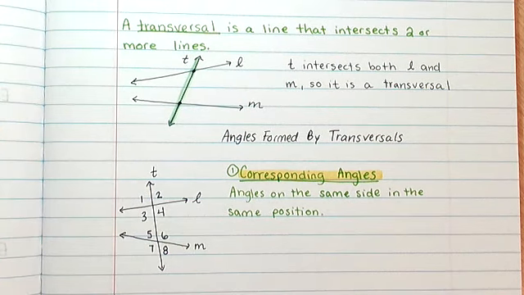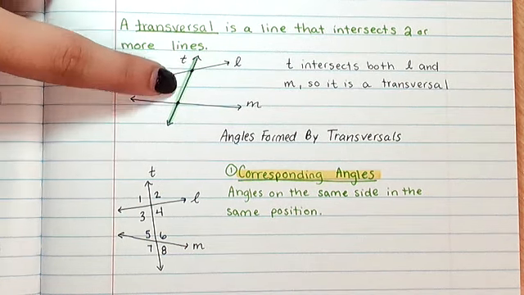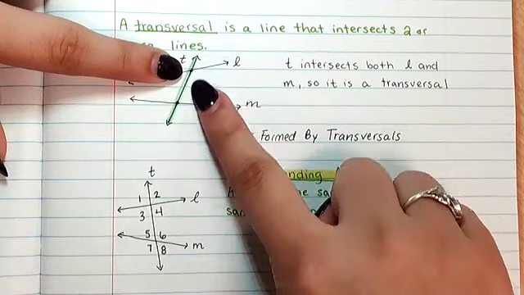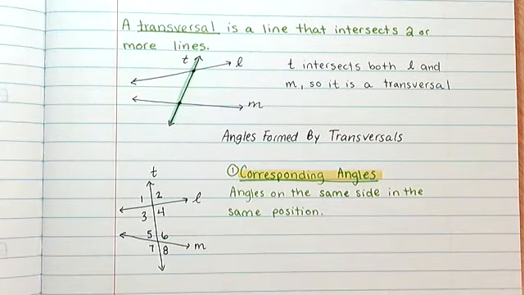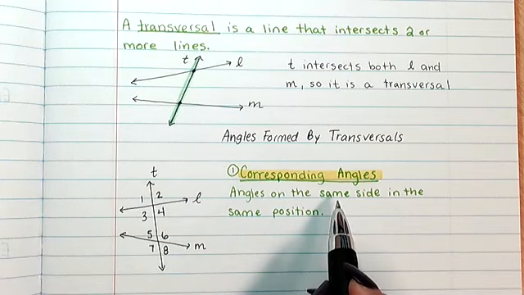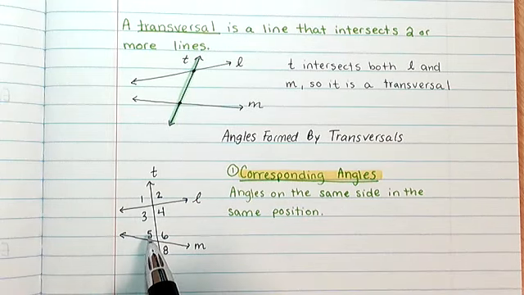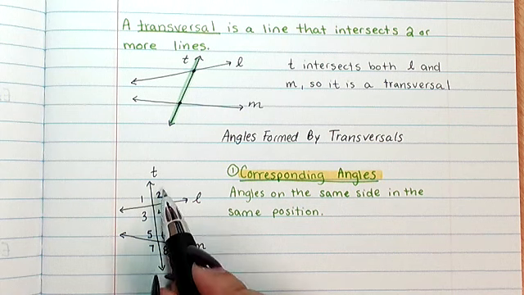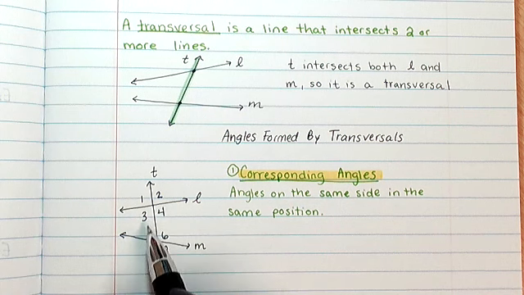Those are the 2 sides we're talking about on either side of the transversal. So in this case, angles on the same side would include 1, 3, 5, and 7, or 2, 4, 6, and 8. So either the odds or the evens.